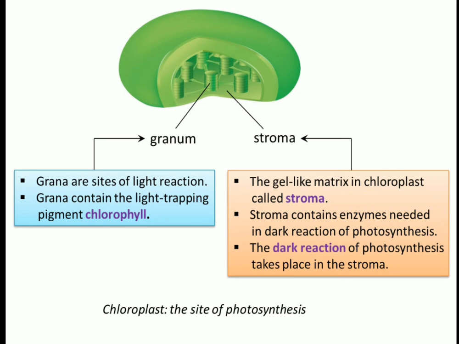Grana are the sites of the light reaction. Grana contain the light trapping pigment, the chlorophyll, and stroma is the gel-like matrix of the chloroplast. Stroma contains enzymes which are needed for the dark reaction or the light independent reaction of photosynthesis to take place, and it is the stroma where the dark reaction takes place.